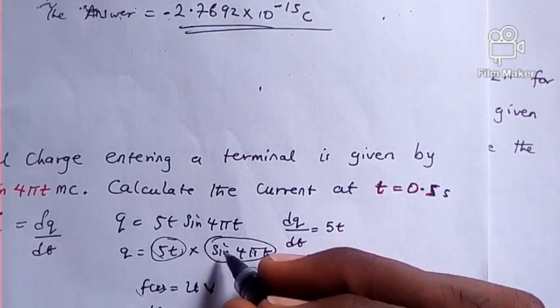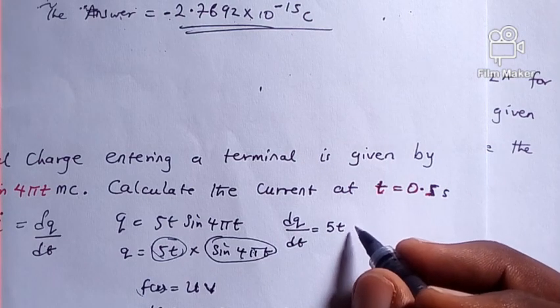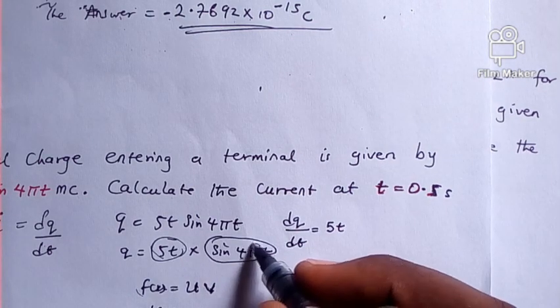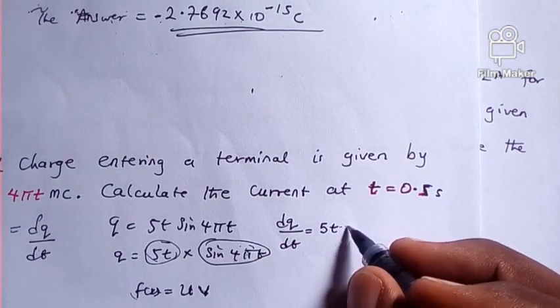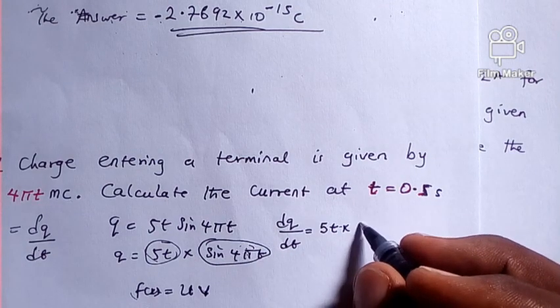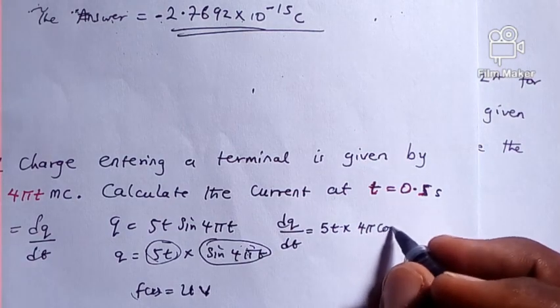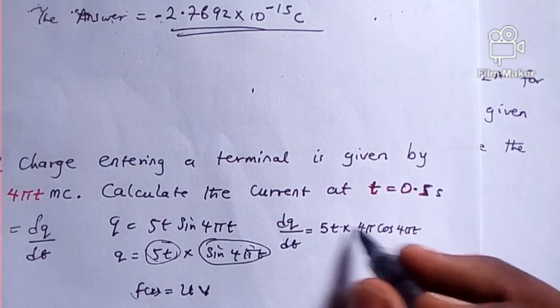This is called a function of a function, so you just need to revisit differentiation for proper understanding. So we take 5t multiplied by 4 pi cos 4 pi t, and that is for this part.